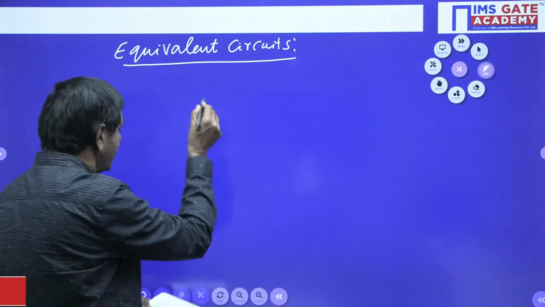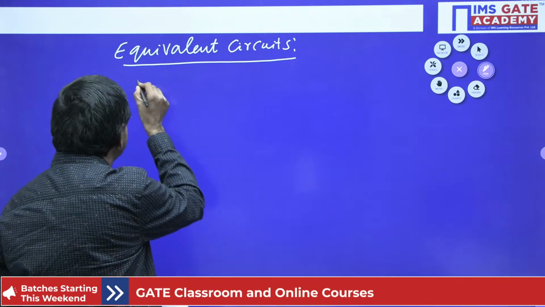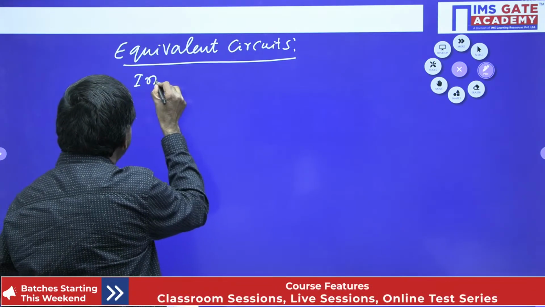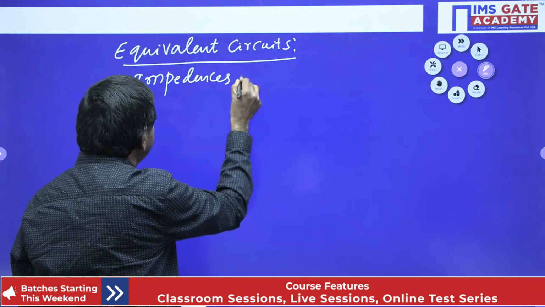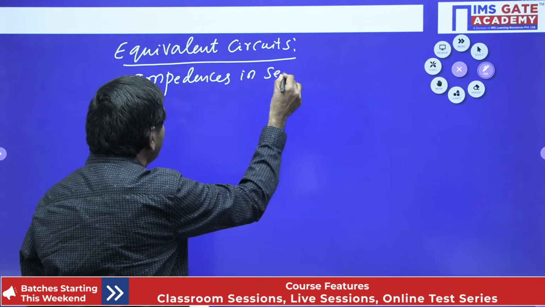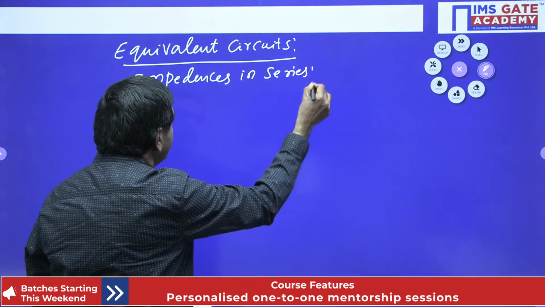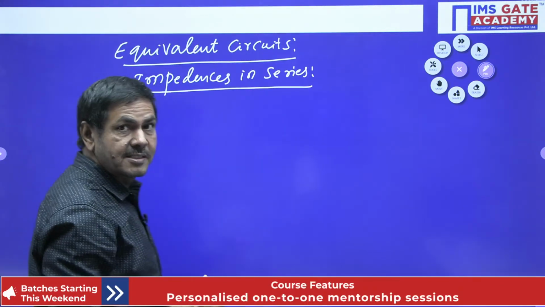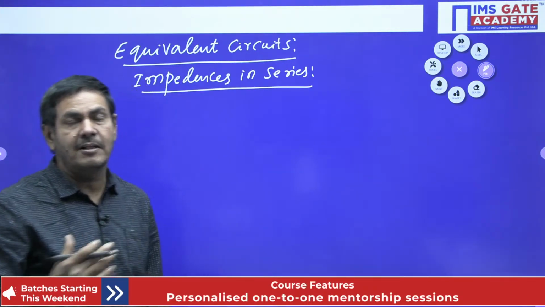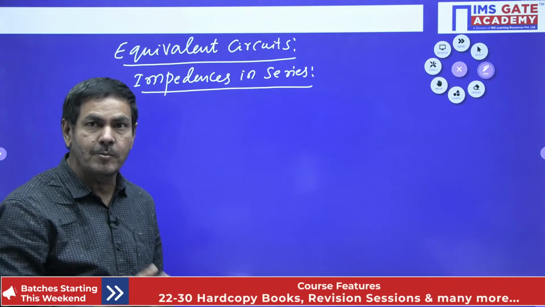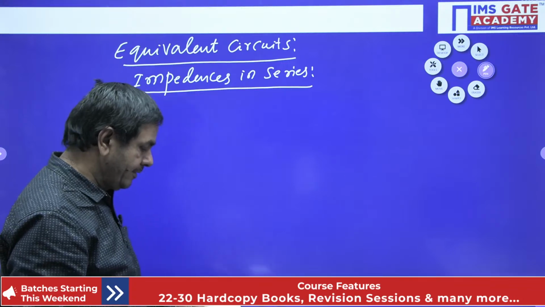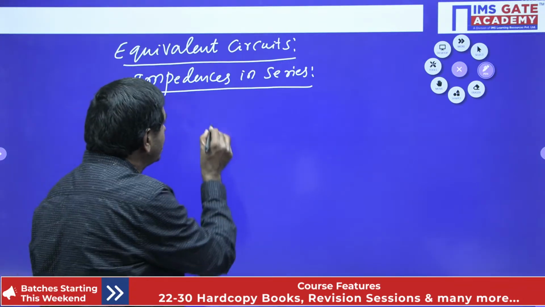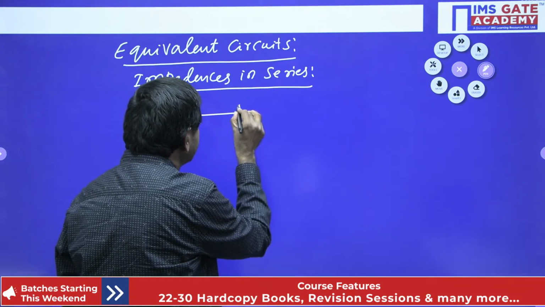The first one, equivalent circuit means impedances in series. If impedances are connected in series, what do you have to do in the problem? Certain days you are going to learn all the rules, and after that we can start the problems. Each and every student can understand how to apply each formula. Suppose you have connected impedances.